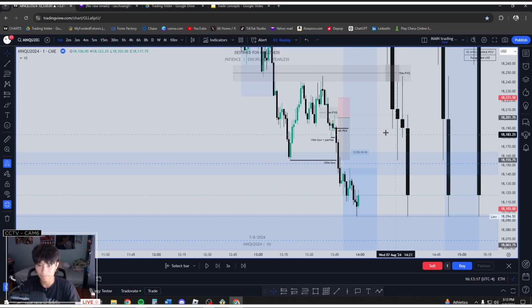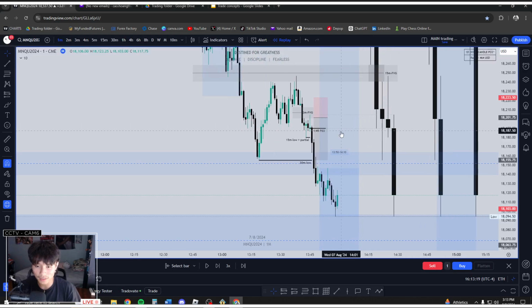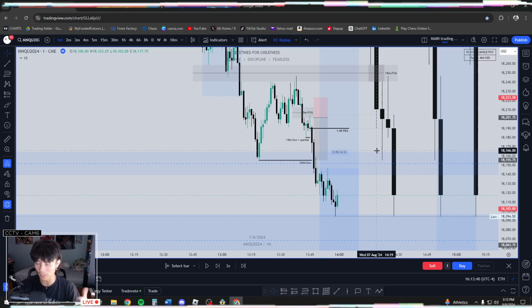So price opens up at 145. You can tell by this line here, 145. We open up at 145, we price higher, we retrace back inside that 3-minute fair value gap. We take out the 15-minute low, which is my partial, and the 30-minute low, which could have been my terminus, right?